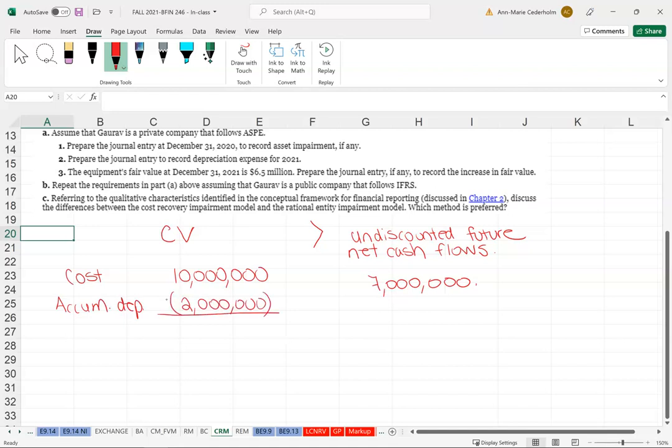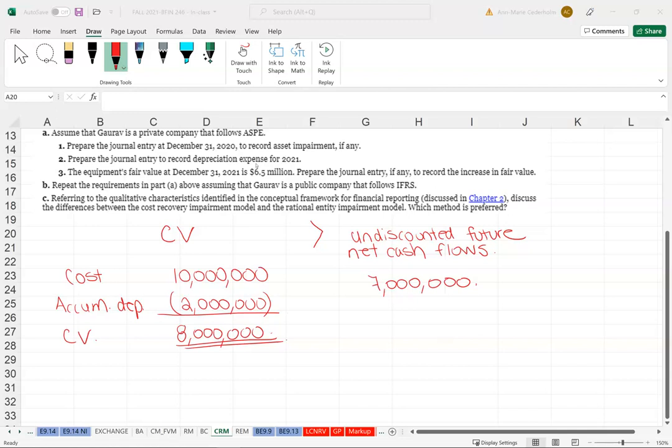So then we have a difference of 8 million. That's the carrying value. So in this case, the carrying value is greater than the undiscounted future net cash flows. That just proves to me that impairment does exist.